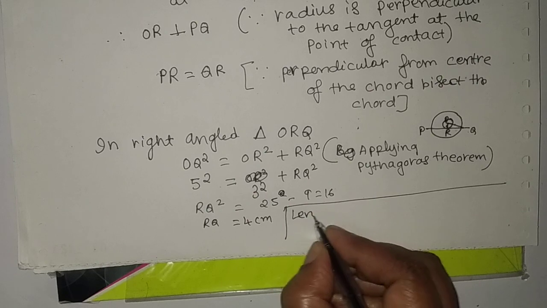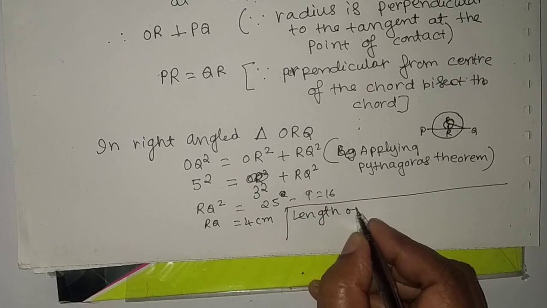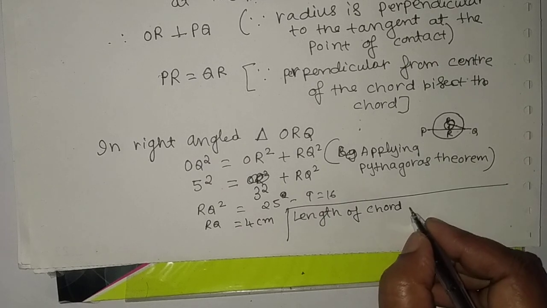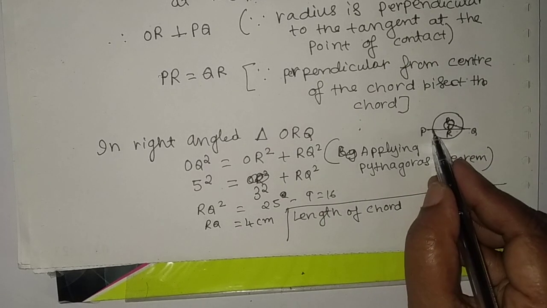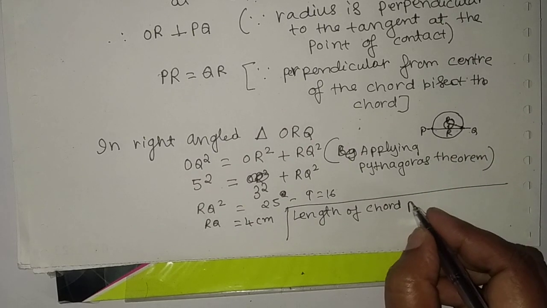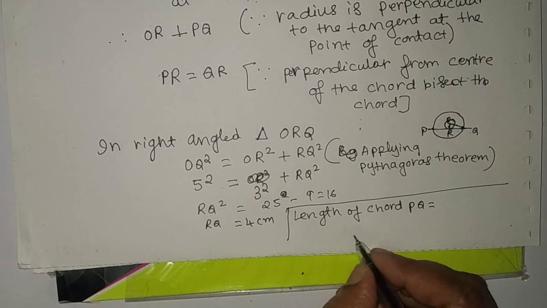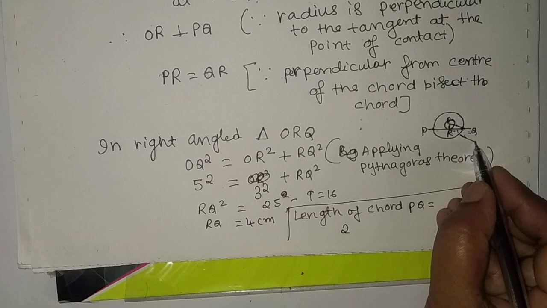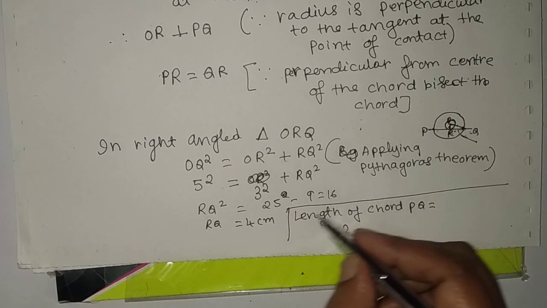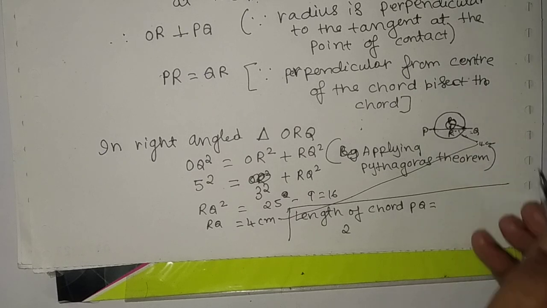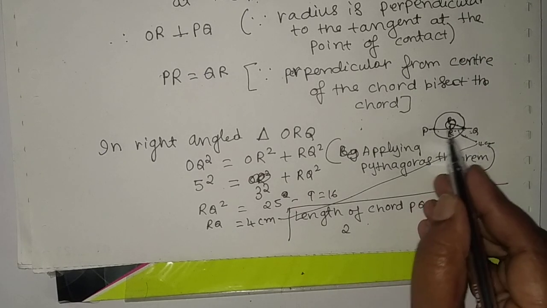Therefore, finally, we have to write the length of the chord, because we have to find the length of the chord PQ. This is the length, from here to here. Length of the chord PQ is equal to 2 times this distance, which we got as 4 centimeters. So 4 centimeters means this will become double.